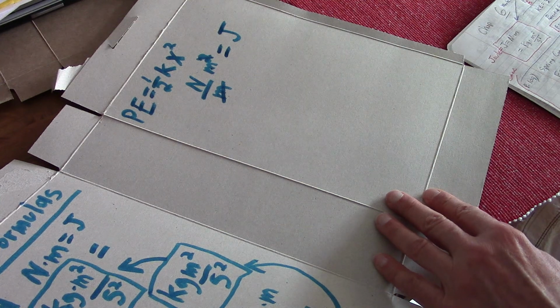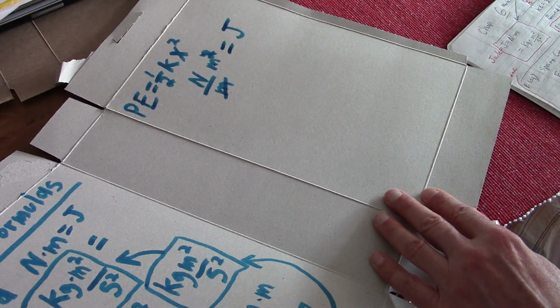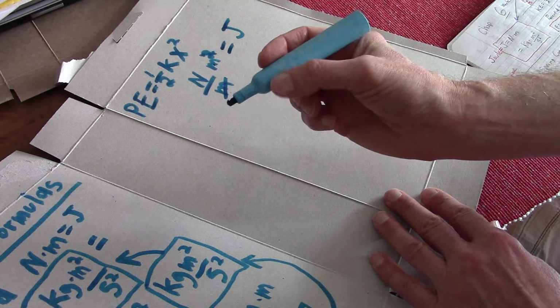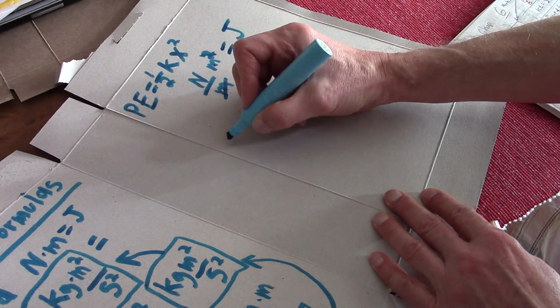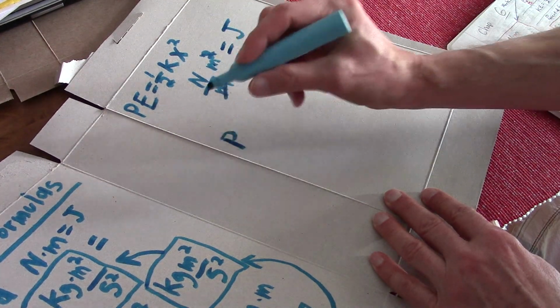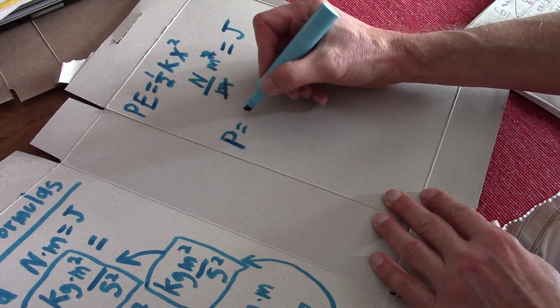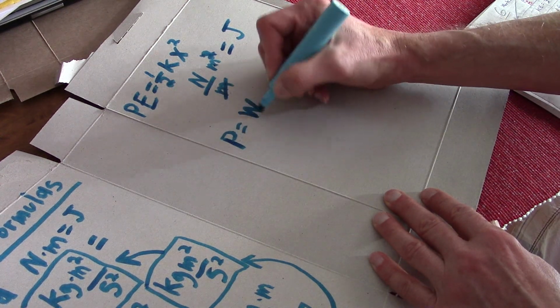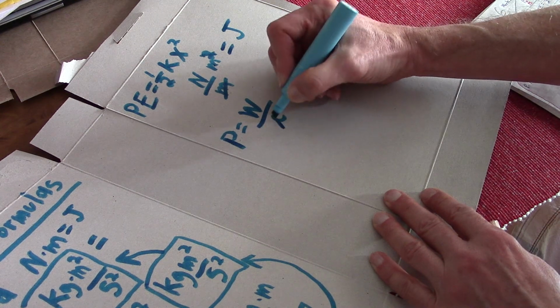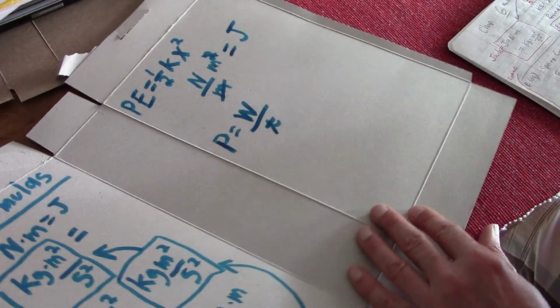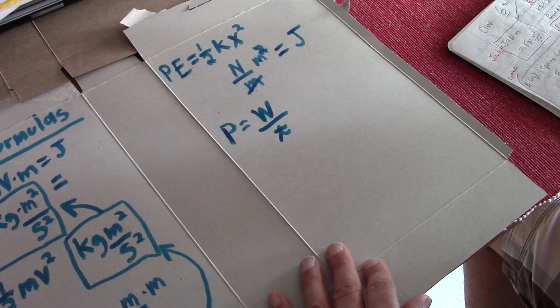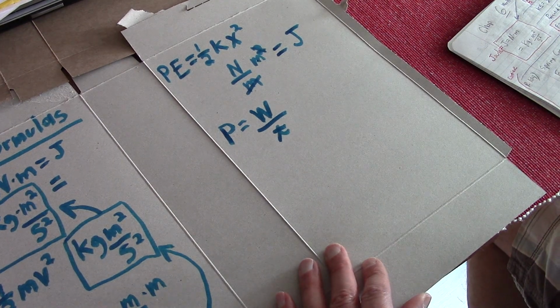Okay, let's go with power. So power. Now this is something a little bit different now, right? Now a watt we're used to, right? So power is equal to work over time. I'm going to use a script T so we don't get it mixed up with my pluses, right?